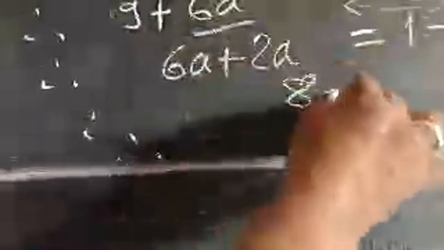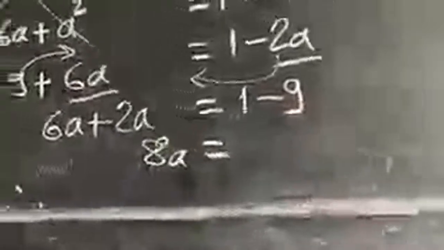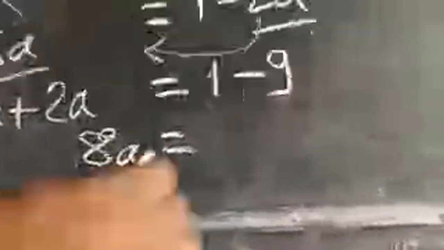Therefore, 6a plus 2a is 8a, good, with sign. 1 minus 9 we cannot subtract, but 9 minus 1 we get 8, and the larger number's sign is minus.